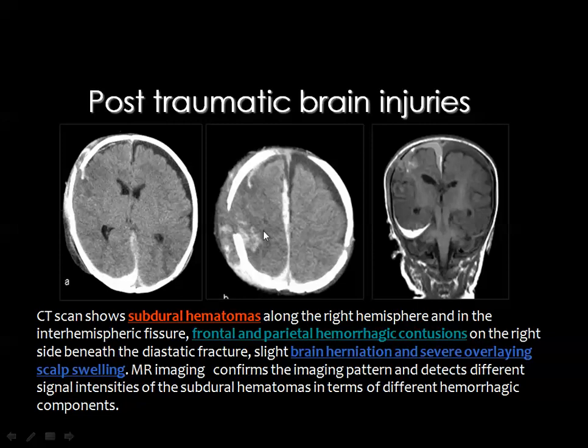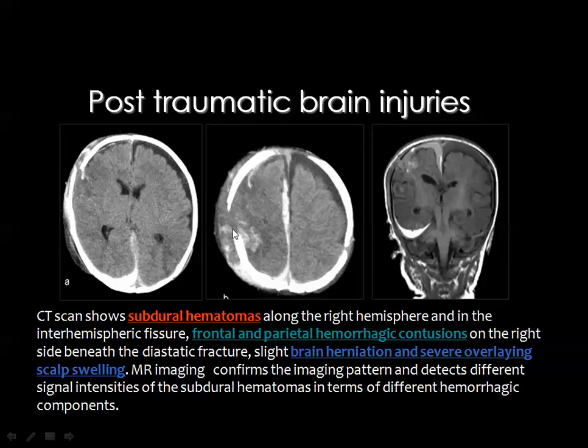You see an area of mixed hypo and hyper densities representing the contusion. Also, you can see the subgaleal hemorrhage. And you can see the fracture with gapping edges, and there is some brain tissue herniation through the fracture line.